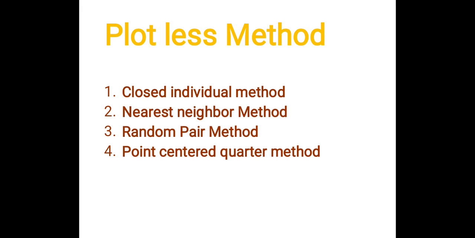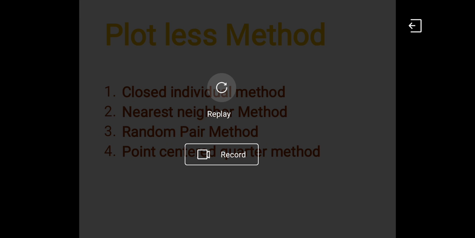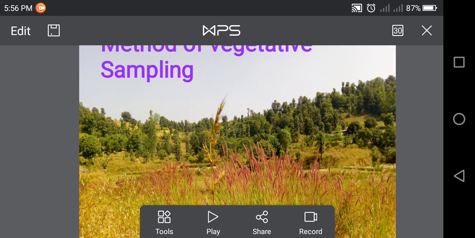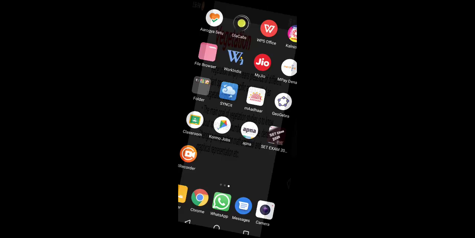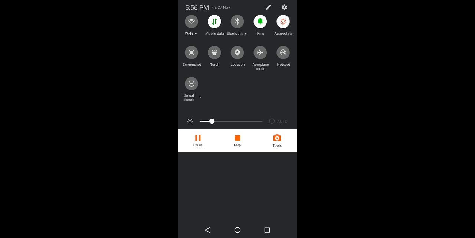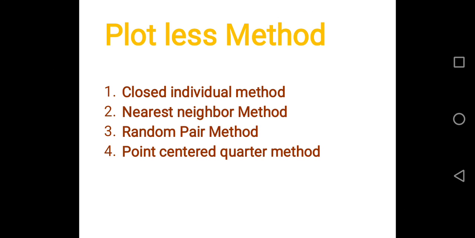The last one is the point center quarter method. Distance is measured from the sampling point to the nearest individual in each quadrant.